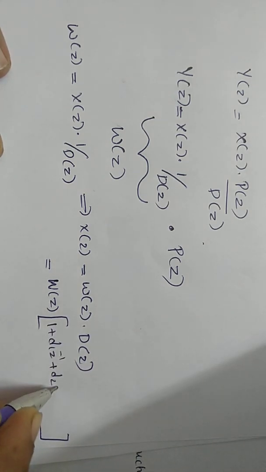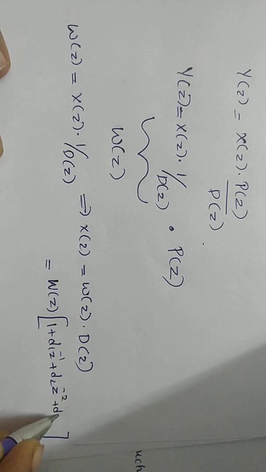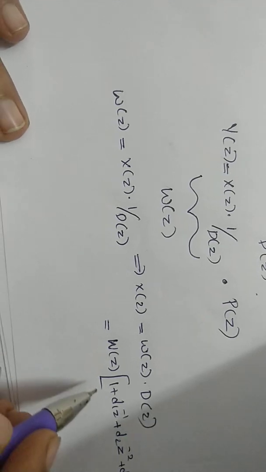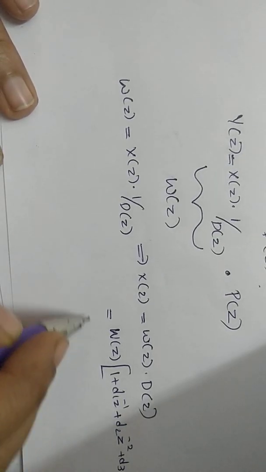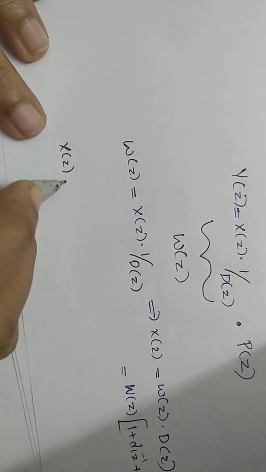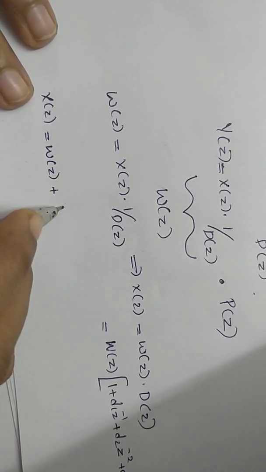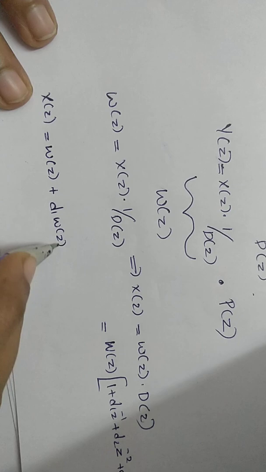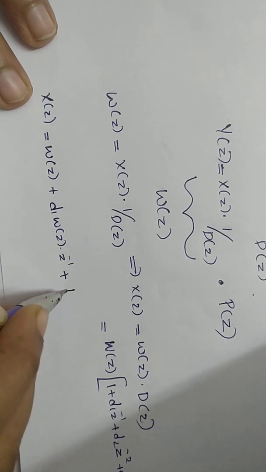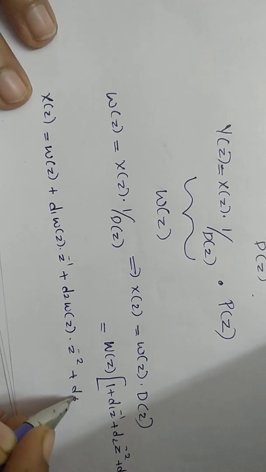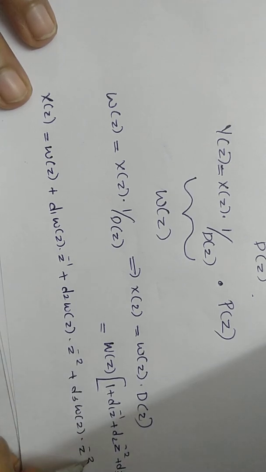I am considering only a third order system, so up to z raised to minus 3 only. So this equation becomes X of z is equal to W of z plus d1 into W of z into z raised to minus 1 plus d2 into W of z into z raised to minus 2 plus d3 into W of z into z raised to minus 3.